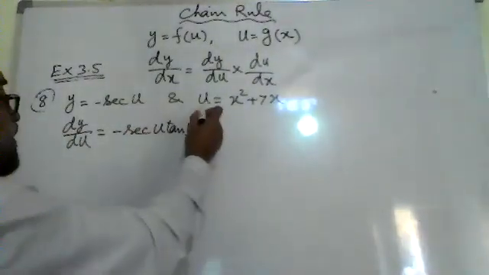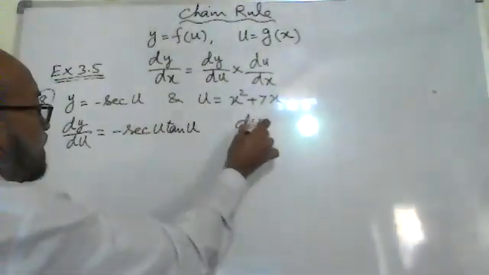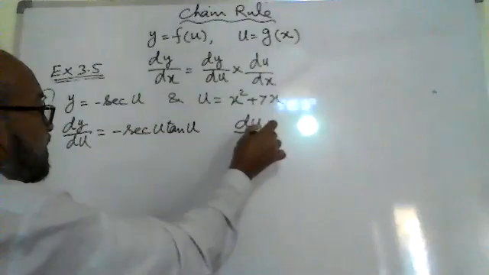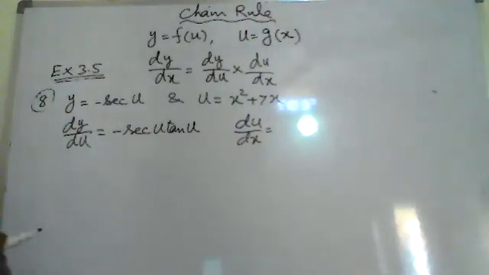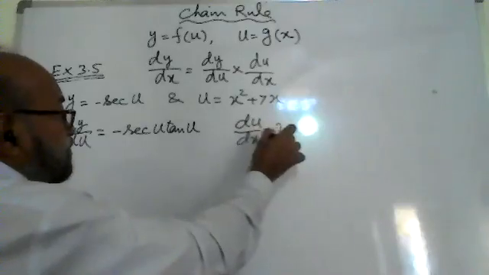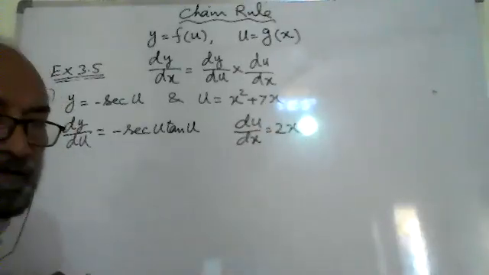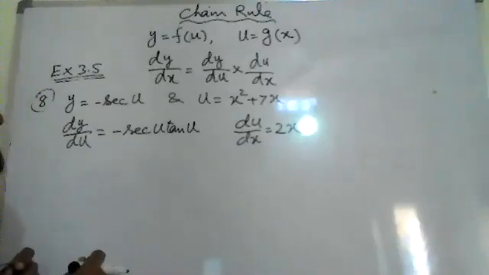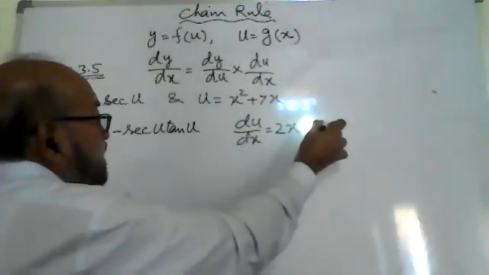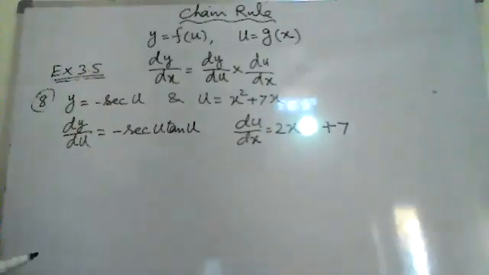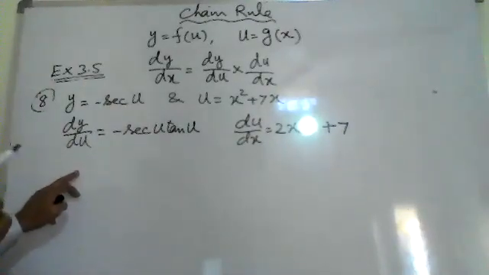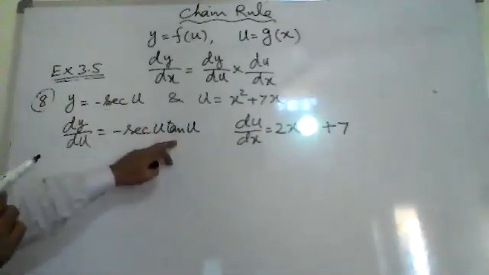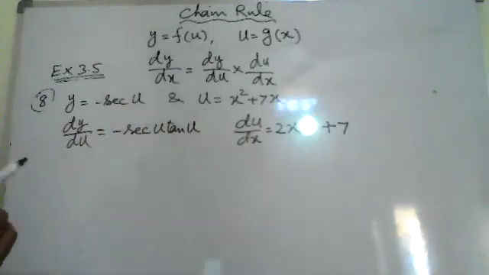And the derivative du upon dx: the derivative of x square will be 2x and the derivative of 7x will be 7, so 2x plus 7. Dy upon du is equal to minus sec u tan u, and du upon dx is 2x plus 7.